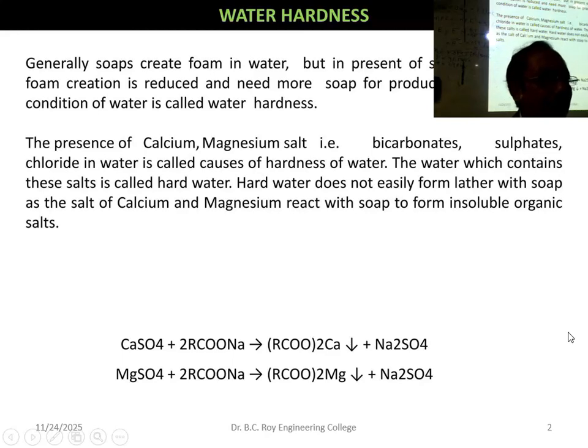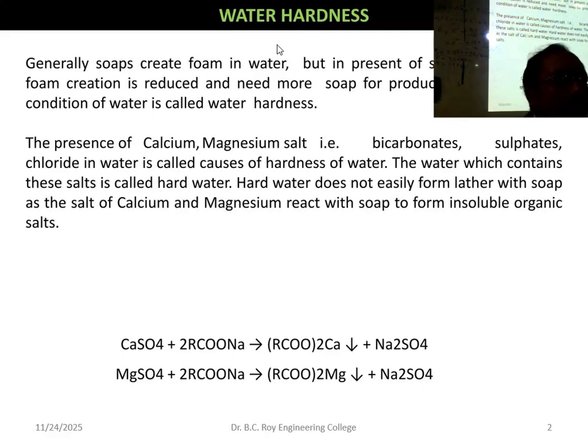It signifies that soap is getting wasted by reacting with hard water. The meaning of this equation is that whenever you use soap in hard water, the soap is wasted and you are not getting any benefit. Cleaning will not be done. It is bad for you, bad for clothes, bad for everything. Bad for boiler feed water.